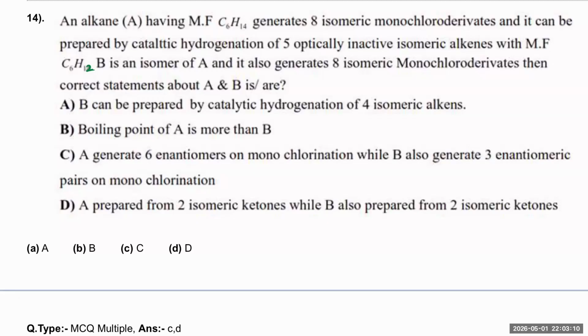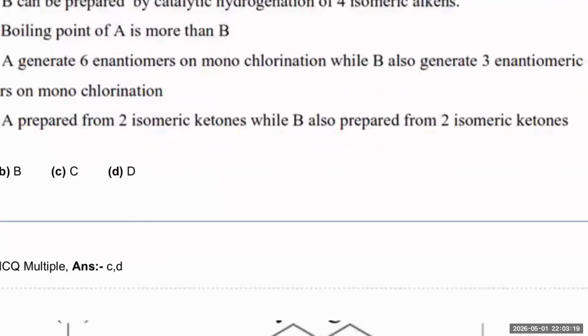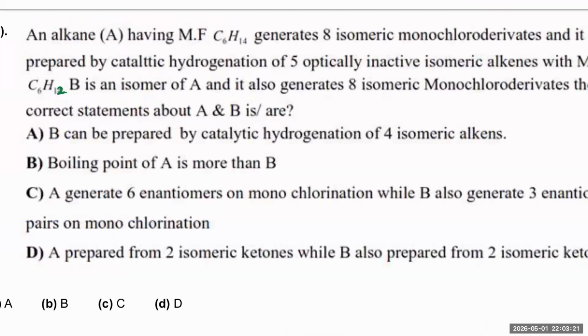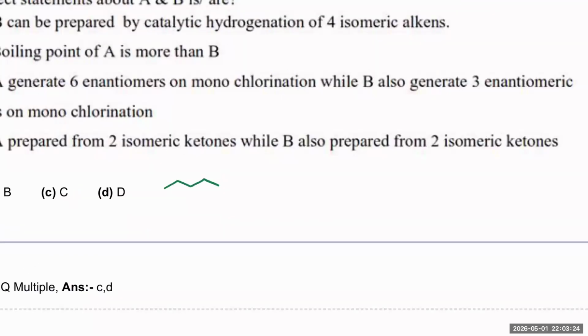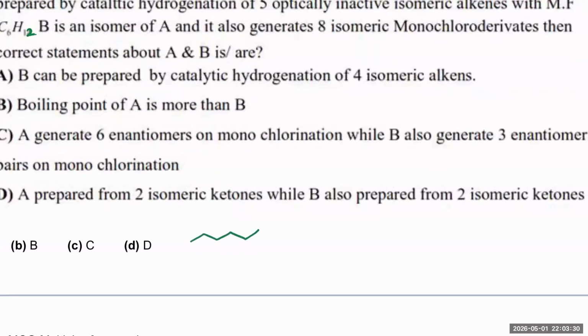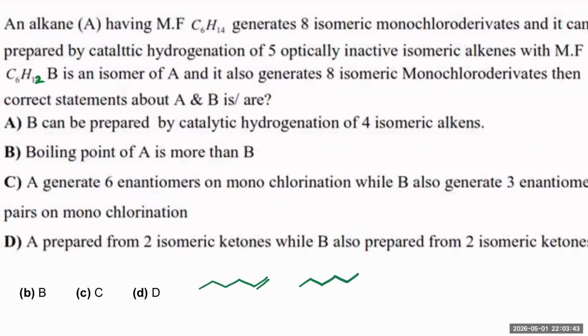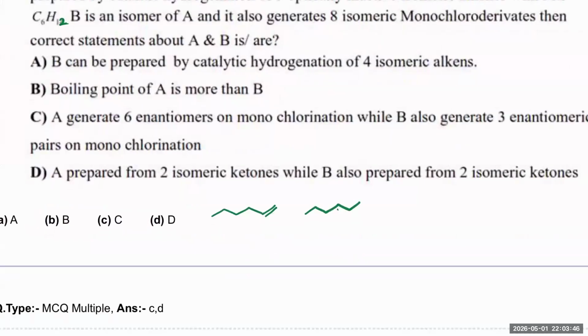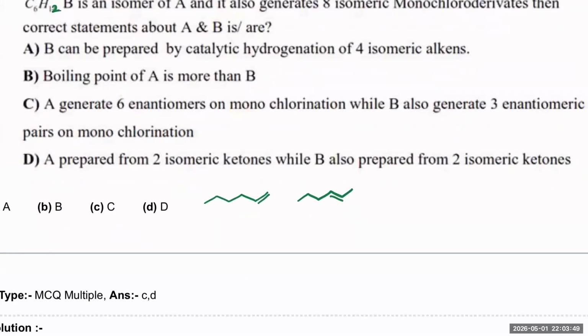Now, we should have 5 optically inactive isomeric alkenes. So we need to have alkenes here first. Number of carbons are 6. So 1, 2, 3, 4, 5, 6 carbons. Okay. So now let's notice how many alkenes we can get out of this. Got it. So this is one alkene here. Then I can have one alkene here. Now basically it should be optically inactive. Okay. So all these combinations we can get here. This one is optically inactive. This is optically inactive.